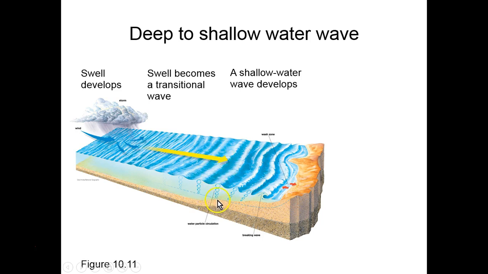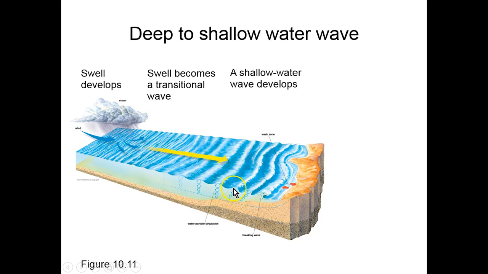Now we can see that the shallow water waves are touching the bottom. And what happens is, as a wave starts to touch the bottom, the front wave is going to touch the bottom first, and it's going to get slowed down, which means that the back wave can catch up to it a little bit.